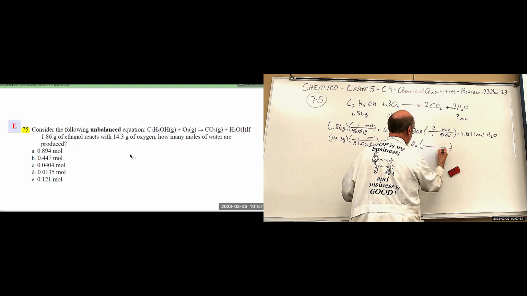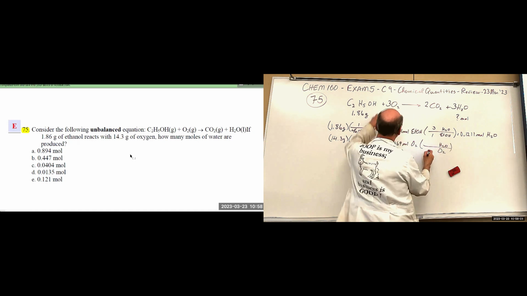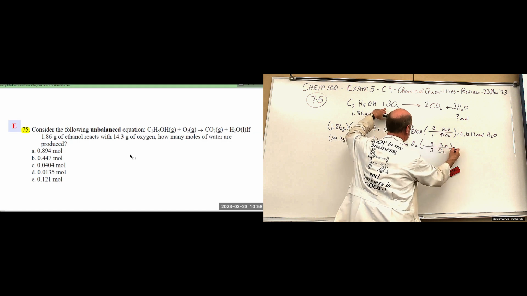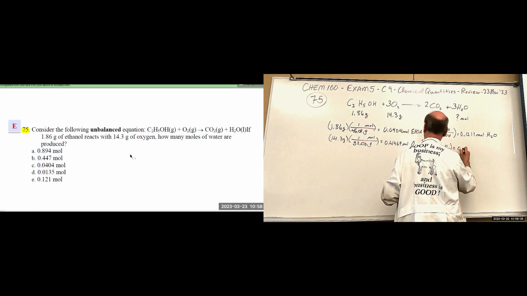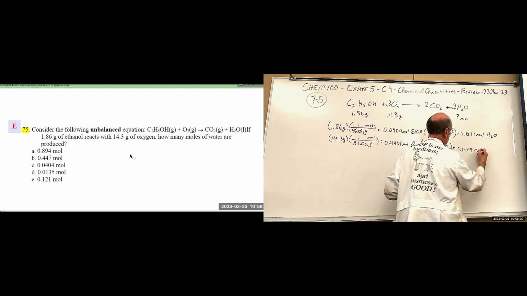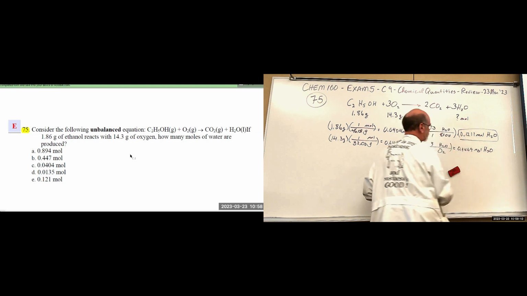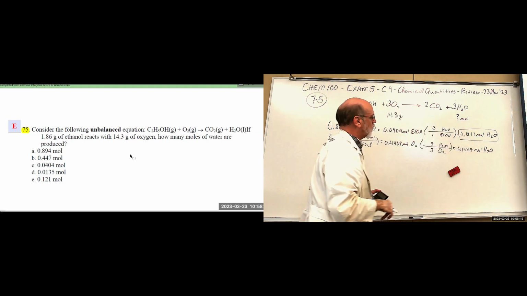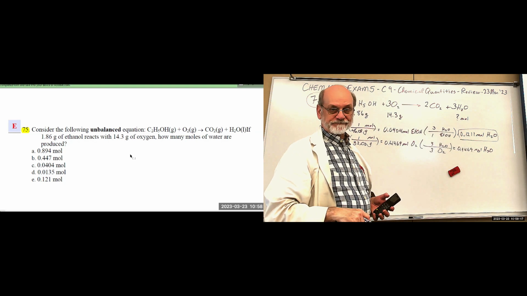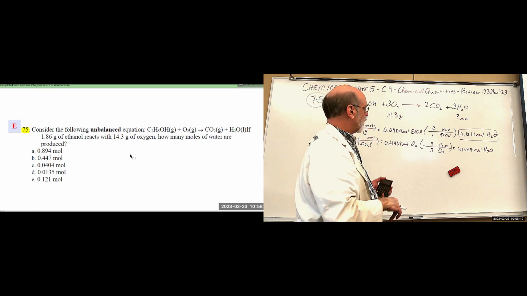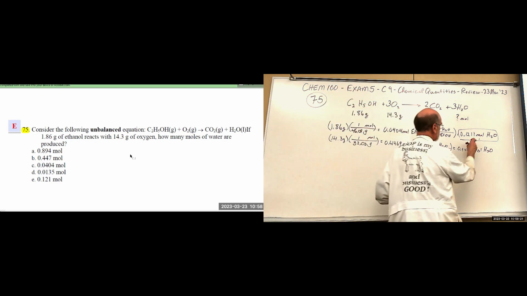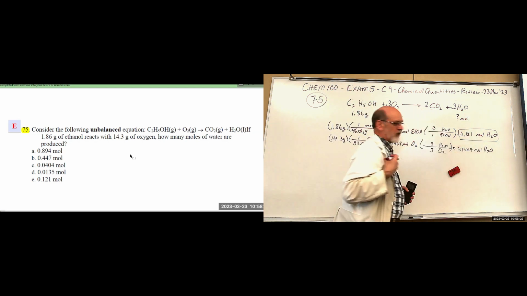Now we're going to convert that to water. Right, so we have 3 of these, 3 of those. It's the same number, 0.4469 moles of water. That means the ethanol is limiting. That's how many moles of water are produced. Rounded off to 3 places would be 0.121.